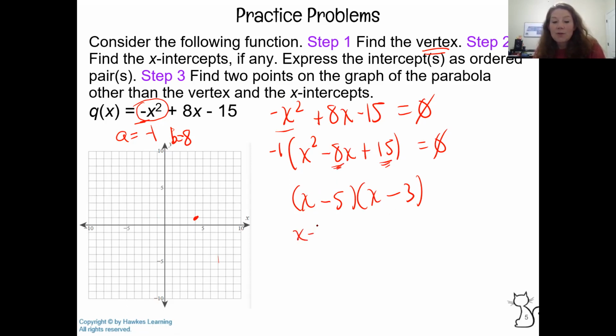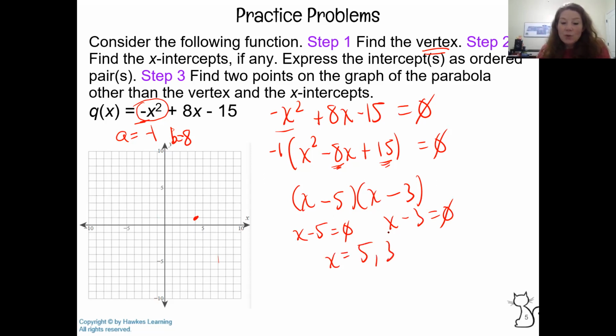So I'm going to set both of these equations equal to 0. So if I add 5, I get x equals 5 and x equals +3. So when y equals 0, that means our x-intercepts are 5, 0, and 1, 2, 3, 0.